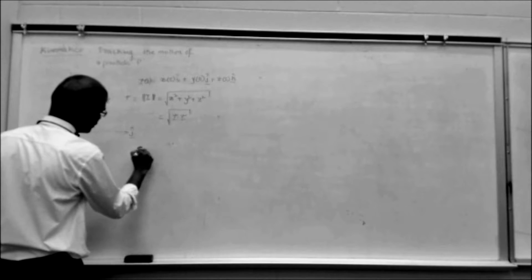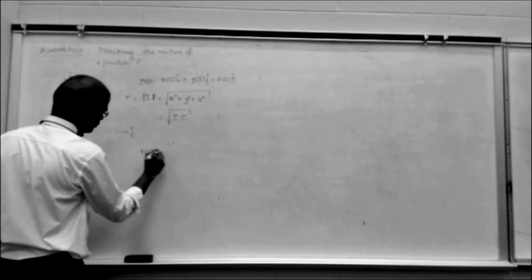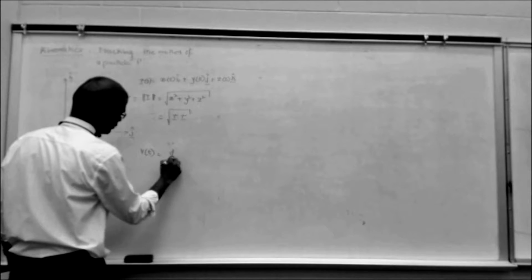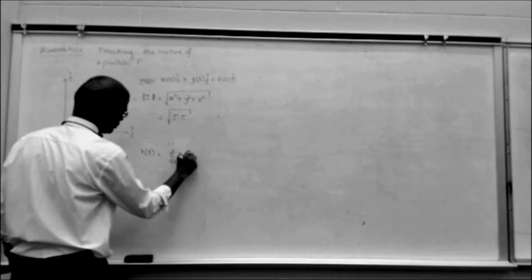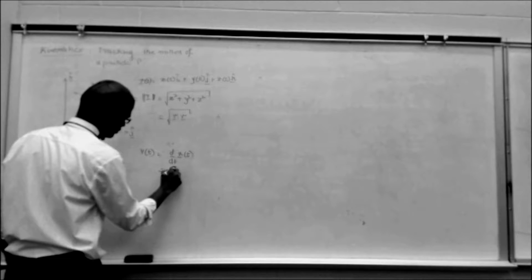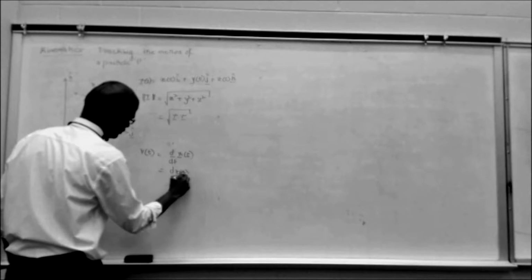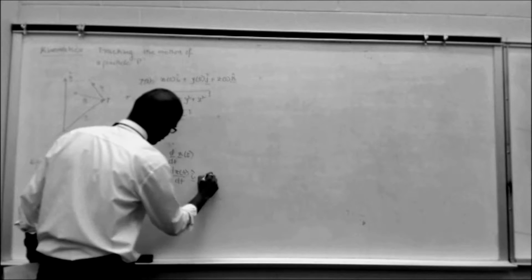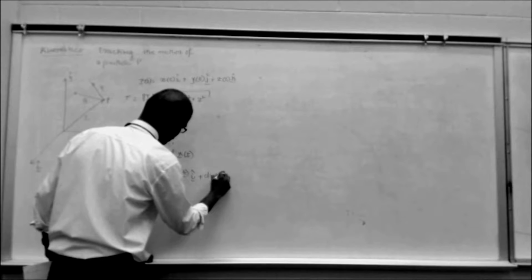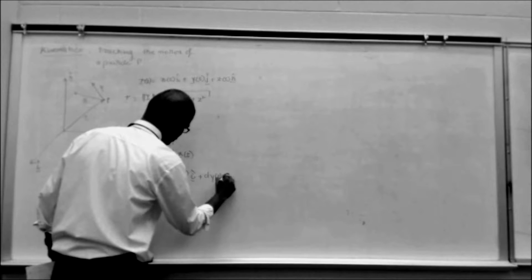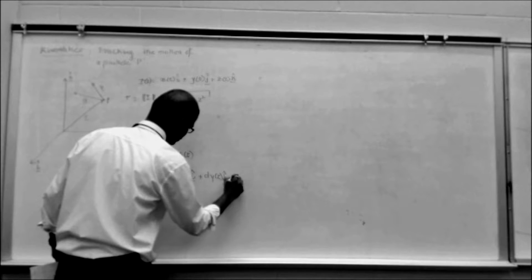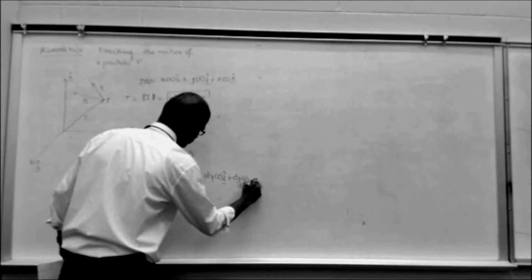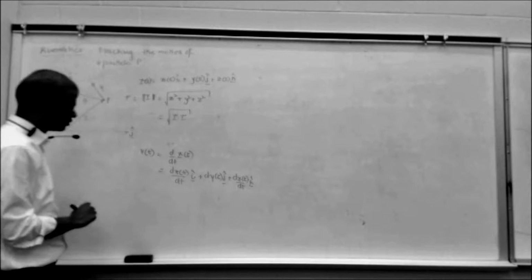How do we calculate the velocity? Velocity would be derivative of r. So you have the r of t, which is dx of t over dt i plus dy of t over dt j plus dz of t over dt k.